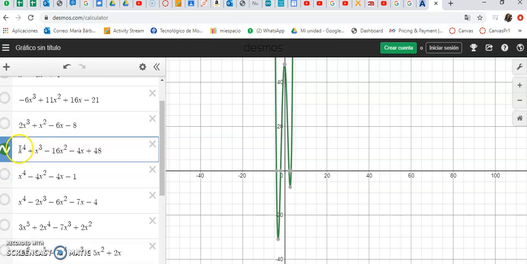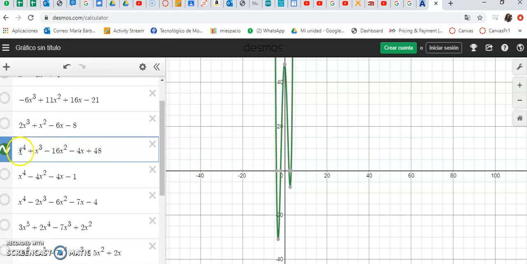And as the leading coefficient is positive, it is raising to the left and it is also raising to the right. As when we have a positive leading coefficient in a quadratic function, because the quadratic function is also an even number degree, okay?